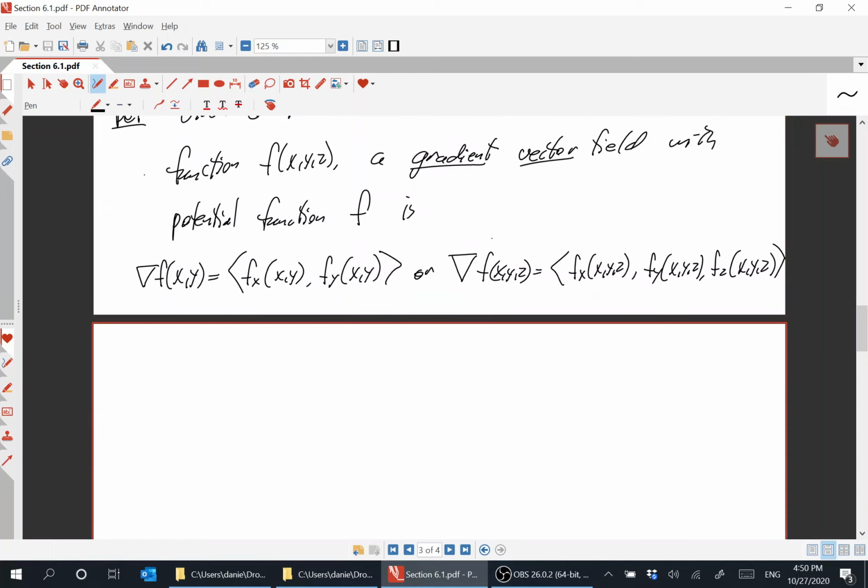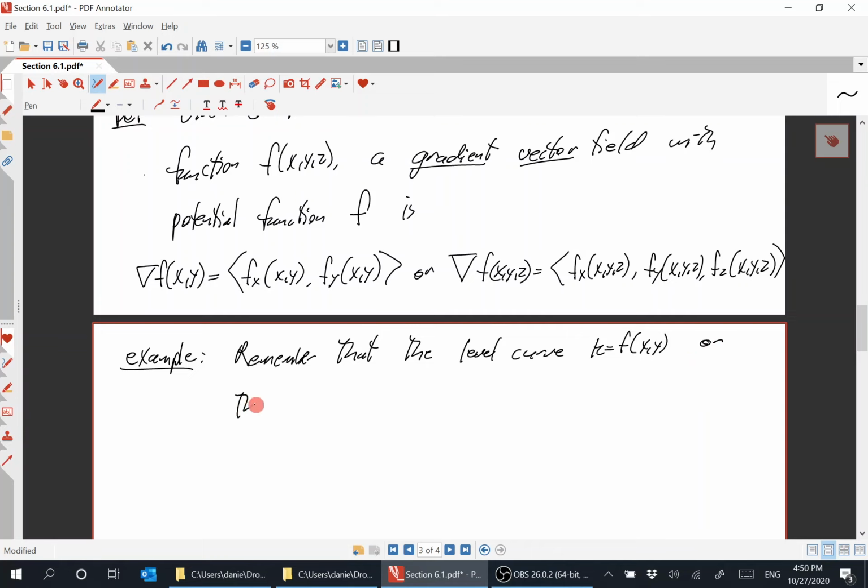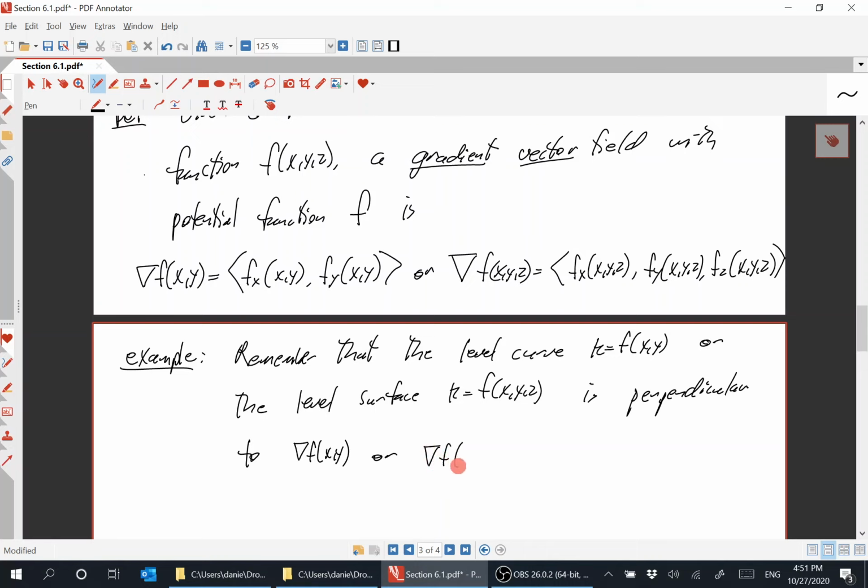So, for example, the level curve k equal to f of x, y, or the level surface k equal to f of x, y, z in 3 dimensions, is perpendicular to the gradient vector, depending on which one is appropriate, the 2-variable or the 3-variable.